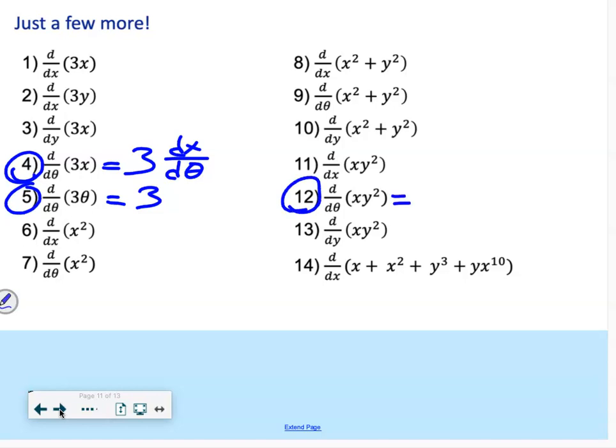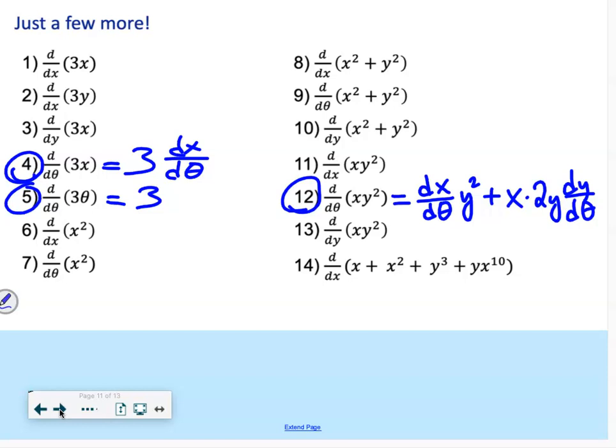Walk me through. Derivative of x is 1 times y squared. Okay. Times y squared times derivative of x is dx/d theta times y squared plus y d theta.